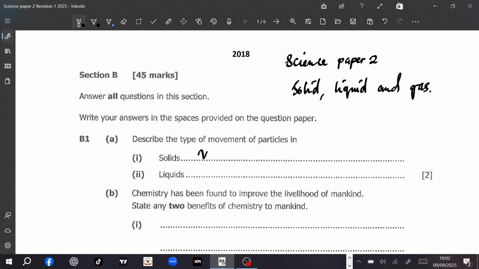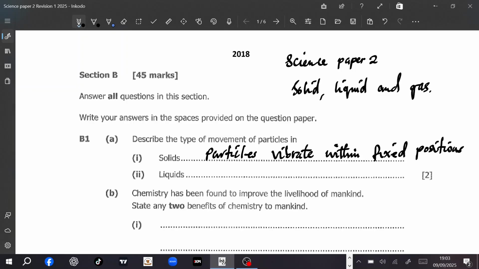So here you can say particles vibrate within fixed positions. Okay, that's how you are supposed to answer.